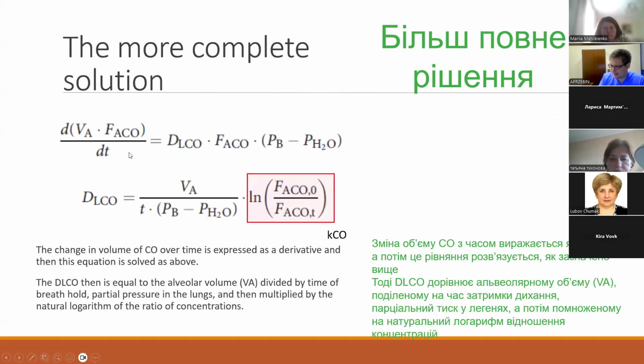So the complete solution is that the derivative, the change of the alveolar volume multiplied by the fraction, so this again represents the volume, is equal to the DLCO multiplied by this fraction of carbon monoxide times the barometric pressure minus the water vapor pressure.